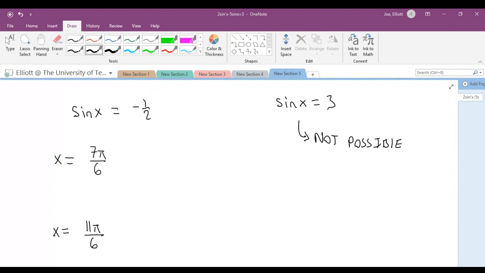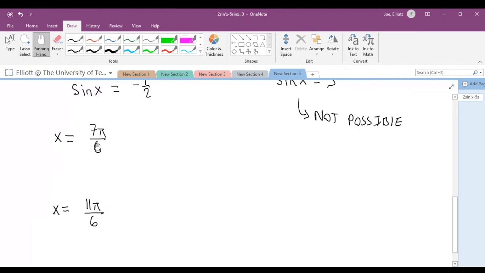Now, of course these are not the only solutions because you know that if you go around the circle again, you'll get another solution, right? Okay. So if you want to list out all of the solutions, the idea would be that if you add any multiple of 2 pi to either of these two solutions, then you would get another solution because that would be like going around the circle a certain number of times.